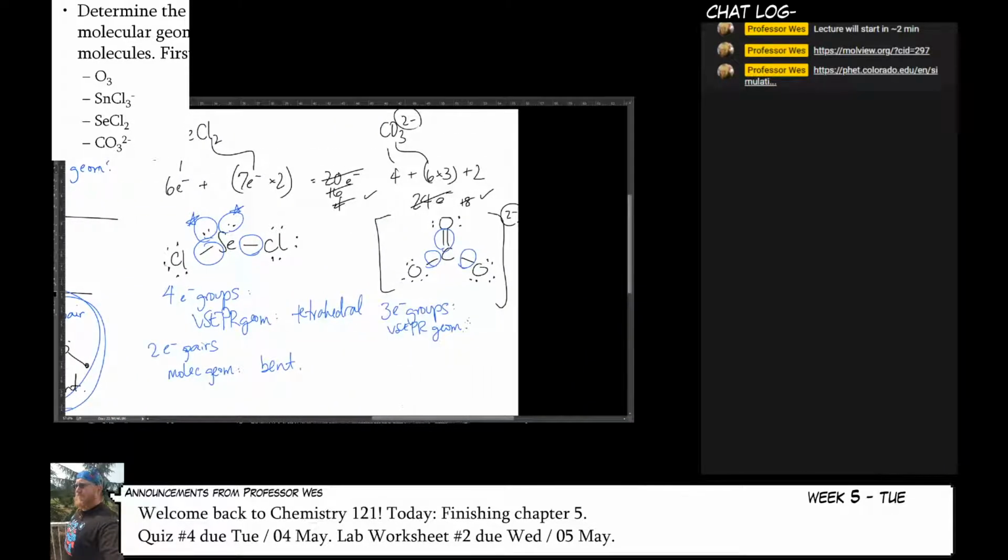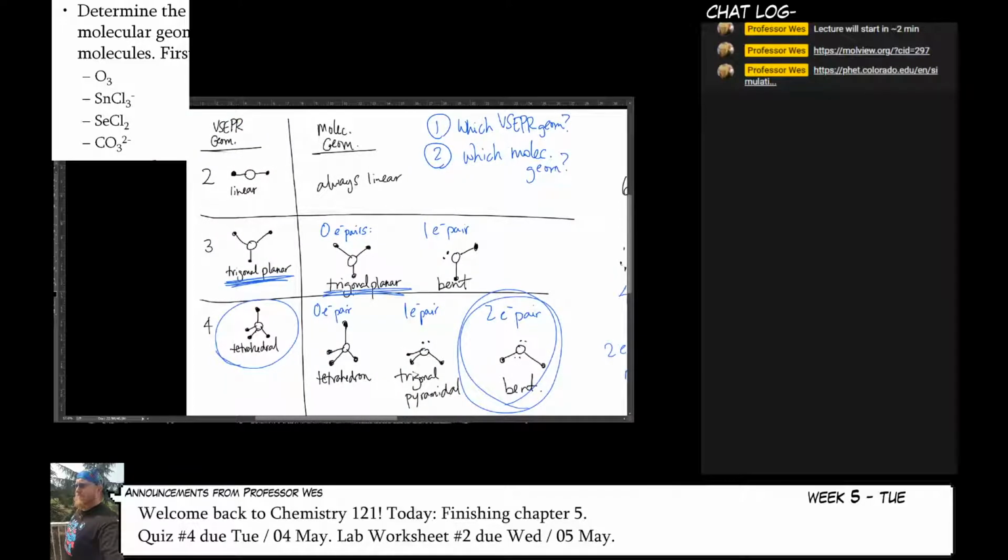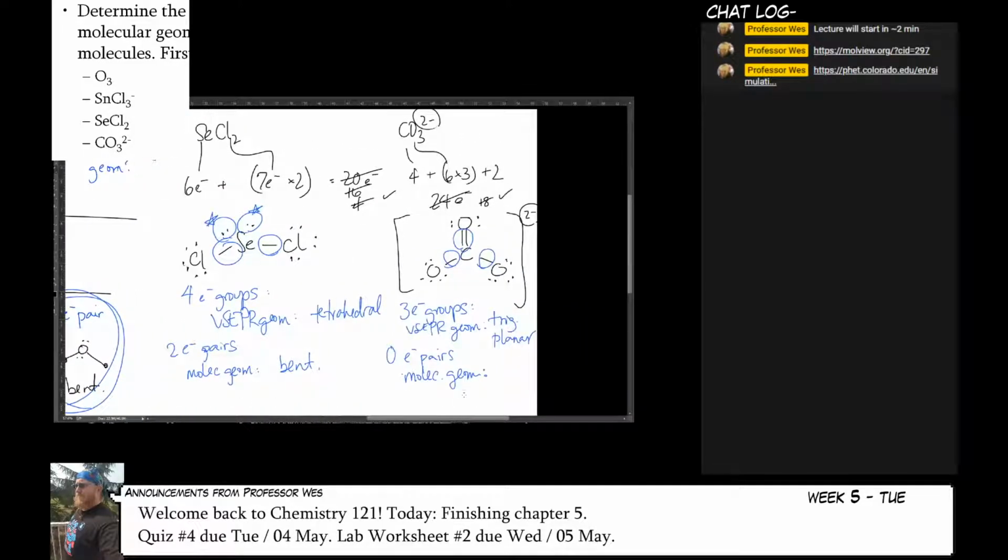So my VSEPR geometry is trigonal planar. Of those 3, how many are electron pairs? Well, none of them are. They're all bonds. So 0 electron pairs. The molecular geometry is therefore the same thing. There you go.